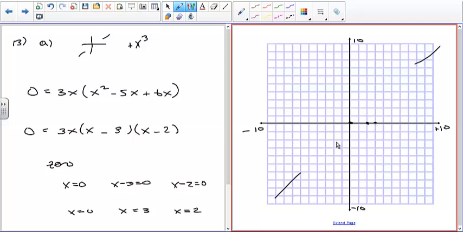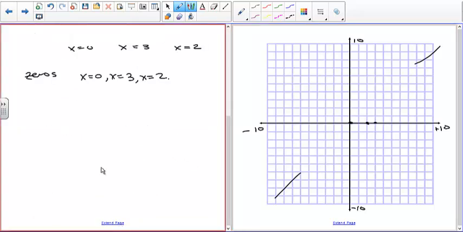So we need to figure out some points to actually evaluate the function. I think I'd pick x equals 1, x equals 2.5, x equals maybe 4, and x equals negative 1. So we're going to pick four values of x relative to the zeros.